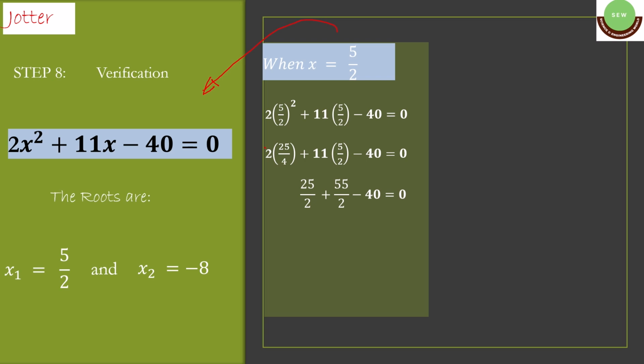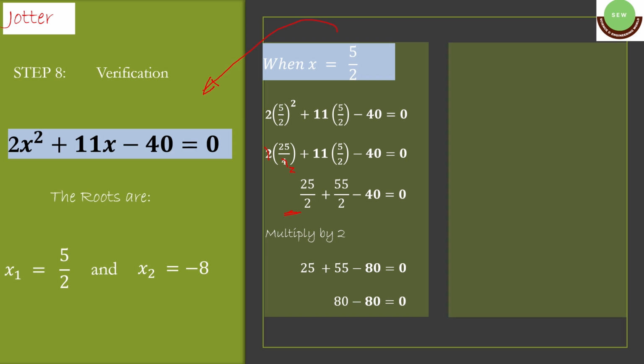Take these 2s to give us 2, and so we can write this expression as 25 over 2 plus 55 over 2 minus 40 equals 0. Because we have a fraction here, the best way is to multiply this equation by 2, and that will give us 25 plus 55 minus 80 equals 0, and 80 minus 80 equals 0. That means this root has satisfied the equation.